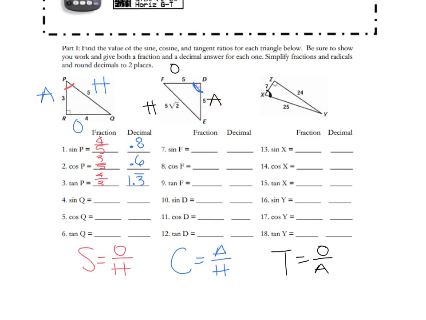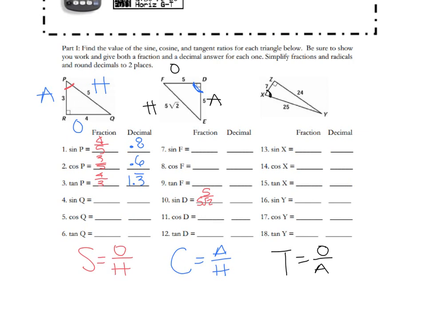If you notice here, these two values are actually congruent. So this is a special right triangle, a 45, 45, 90 degree. So it doesn't really matter which one I mark as opposite and adjacent because they're both the same value. That means those two fractions are going to look the same. So sine of D is 5 over 5 square root of 2.